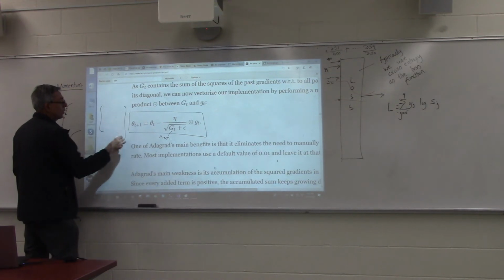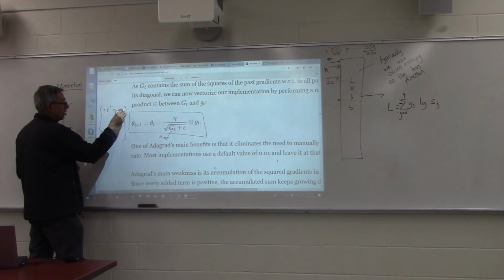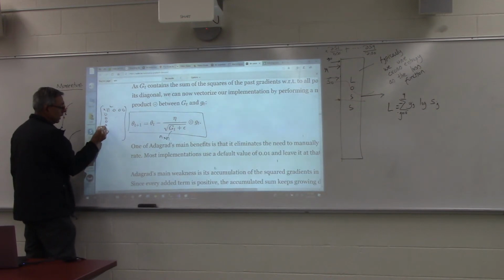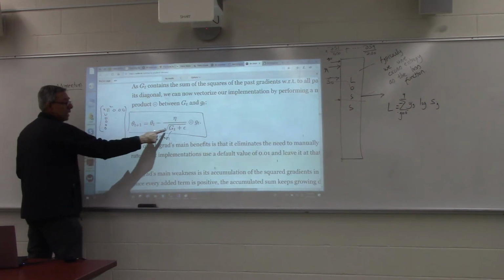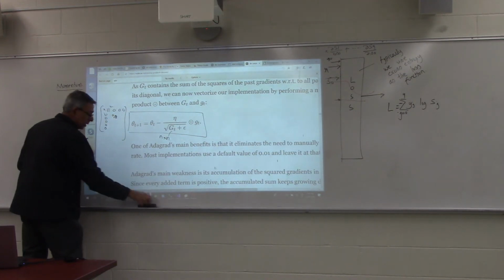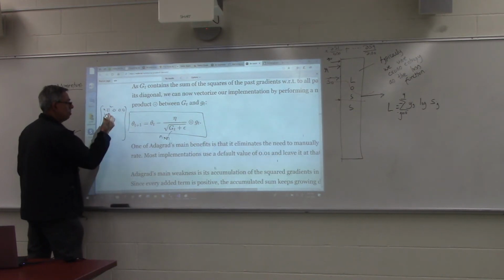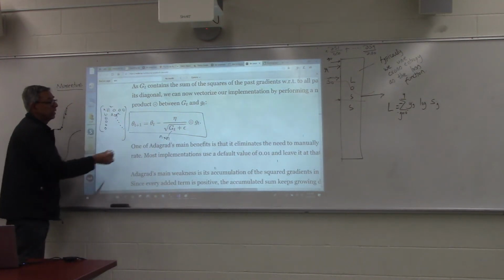And so previously, if the first gradient with respect to the weight was 0.11 square, then this is how it will be. Then let's say 0.09 square.